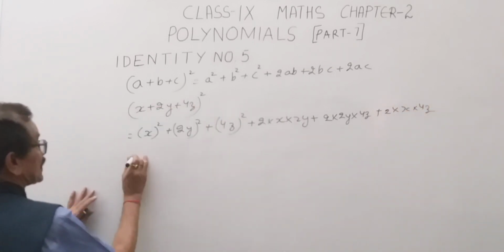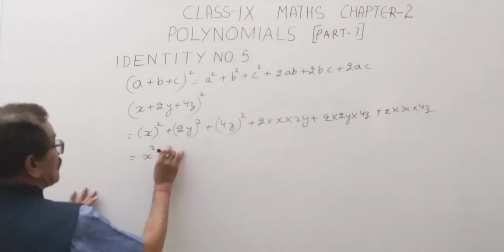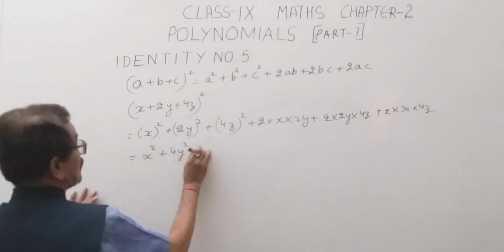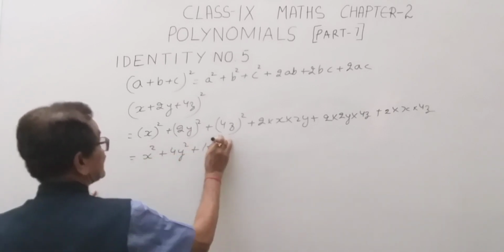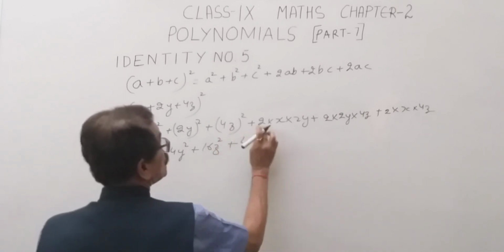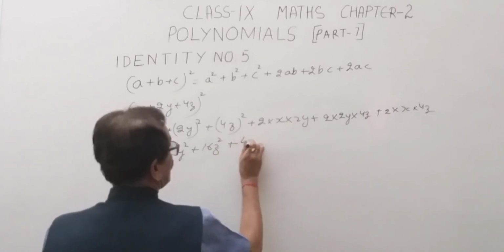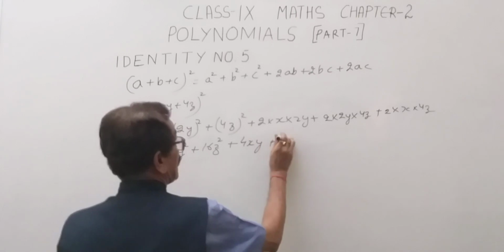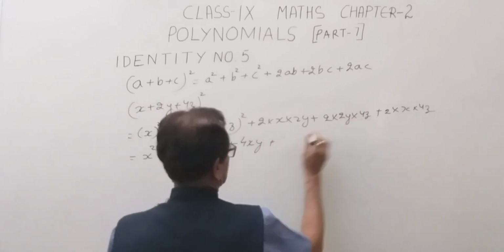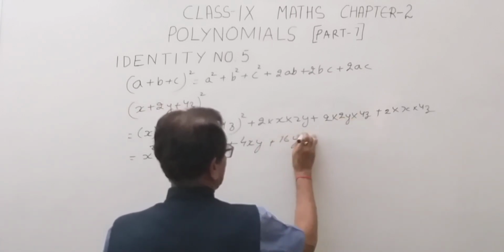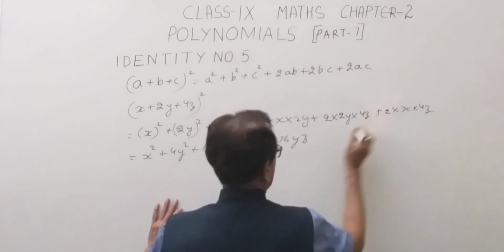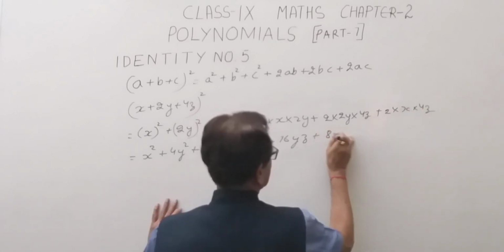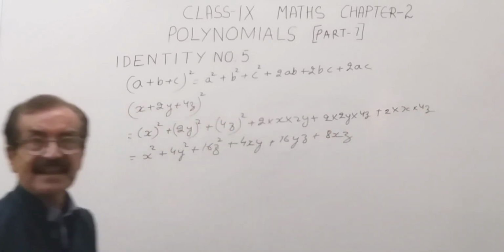To get the product, x square plus 4y square plus 16z square plus 2 2s are 4 into xy, 4xy plus 4 2 2s are 4, 4s are 16, yz plus 2 4s are 8, xz. And that is our end result.